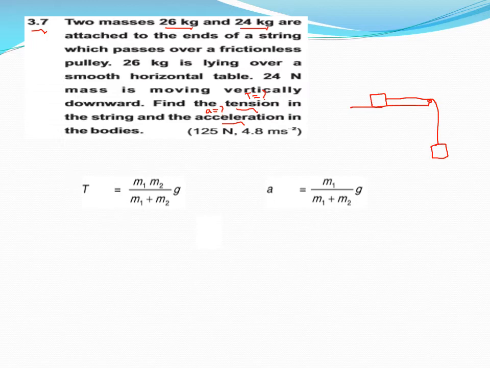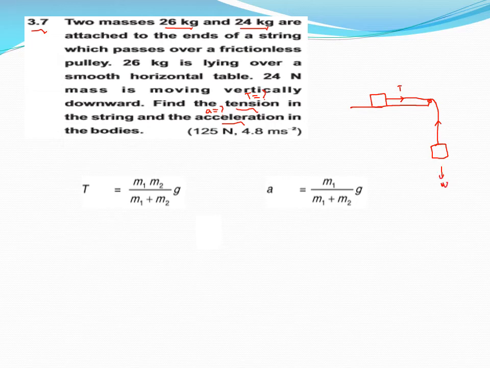This is the second body of 24 Newton. In this situation you are observing that this is tension, and the weight is pulling this body downward.